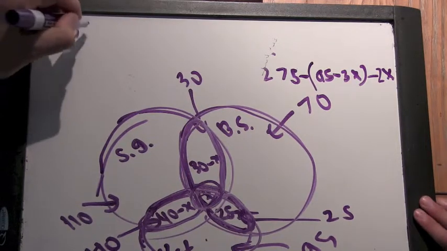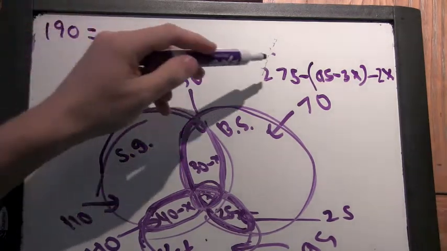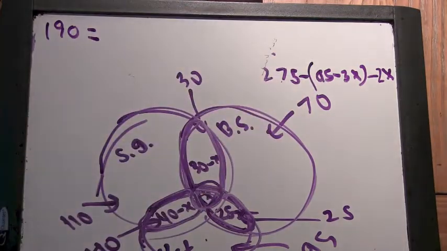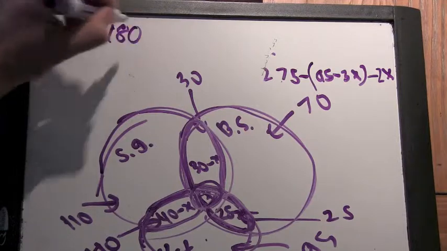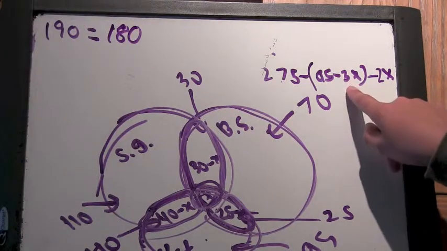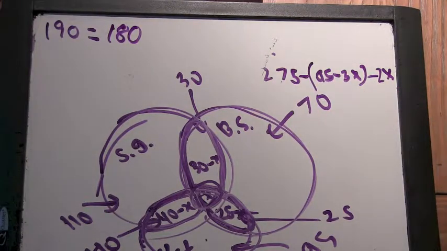So 190 equals, well, what's 275 minus 95? That's 180. Okay. And then how many x's do I end up with? Plus 3x minus 2x.